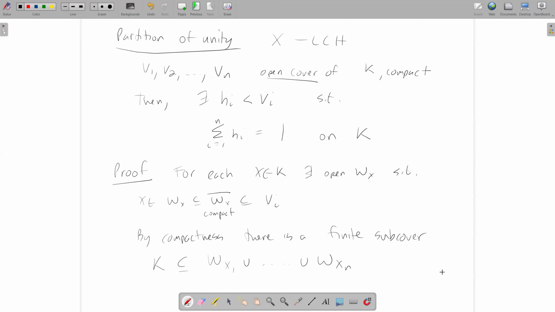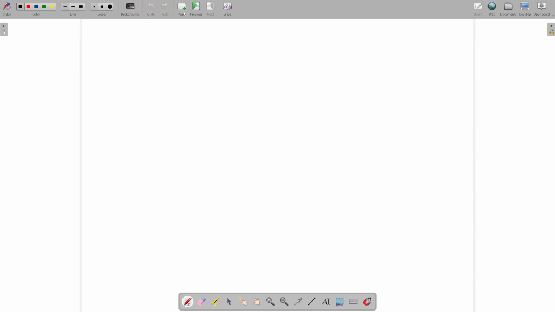That is the definition of compactness. Now let Hi equal the union, over those j where the closure of Wxj is contained in Vi, of the closure of Wxj. Oh, we're taking closures here. So that's Hi, which could be empty.